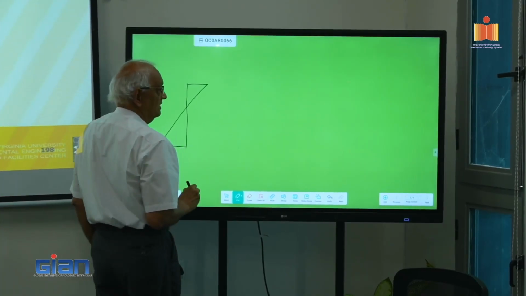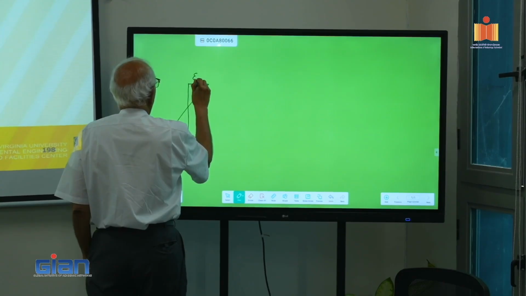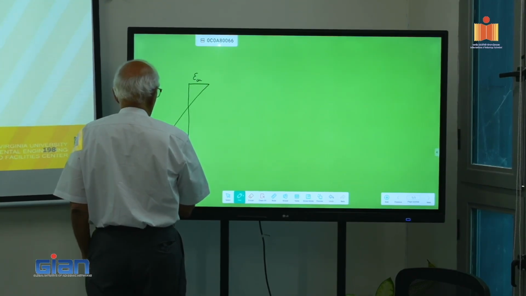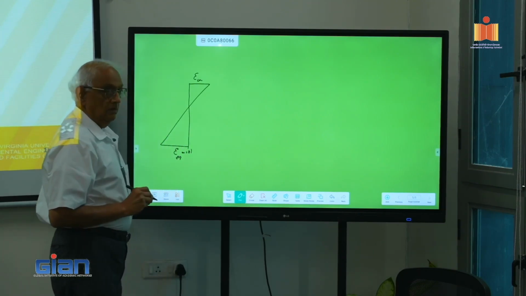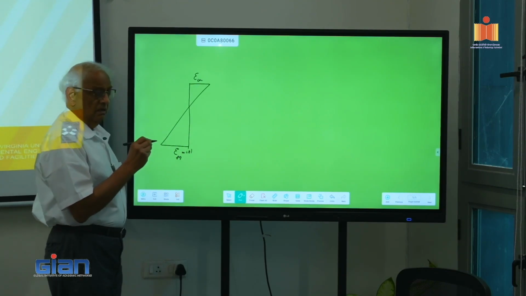That is the strain compatibility. In this case, if you call it FRP, we said it is 0.01, right?